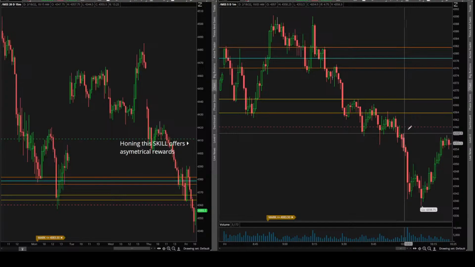Let's see if we can push it a little bit higher up into this area. And then I'm going to start pulling the trigger here. All right, that's what I like to see.